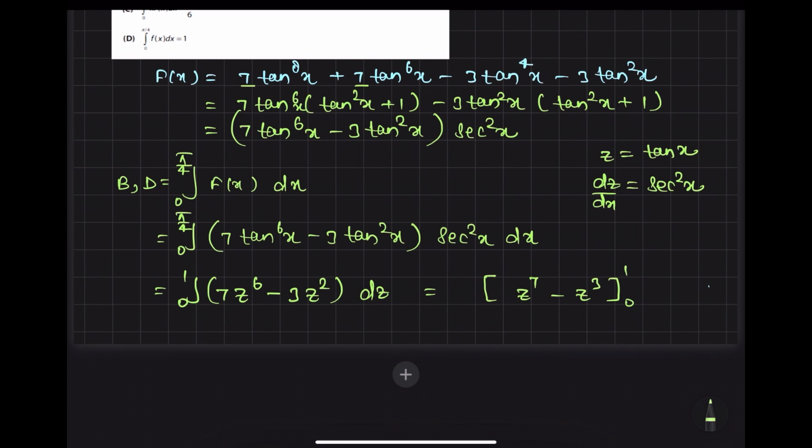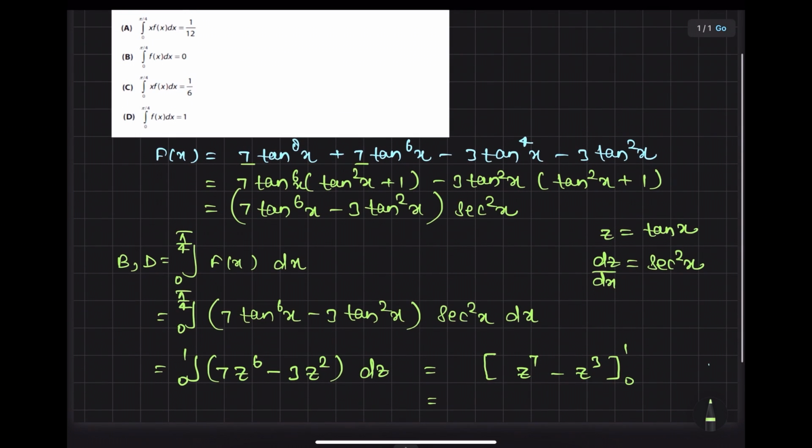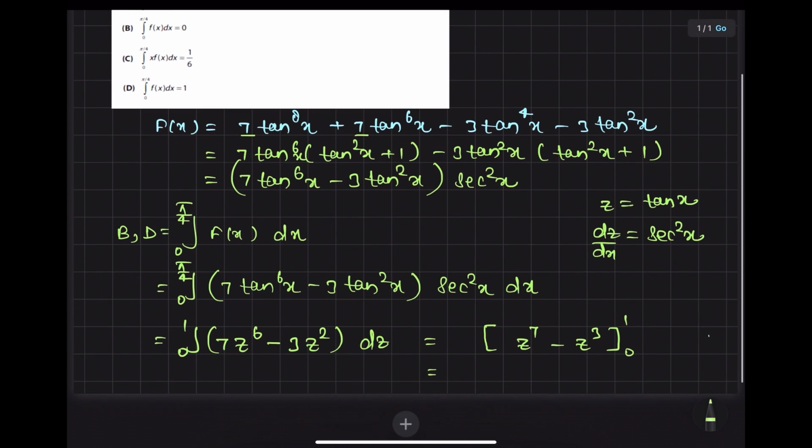Suppose that we are not comfortable in z. Why am I telling you this? Because later we have to go with x times f of x. So I want to find the integration with respect to tan only, trigonometric thing only. So I will replace those values again. z was tan x. So tan power 7x minus tan power 3x.